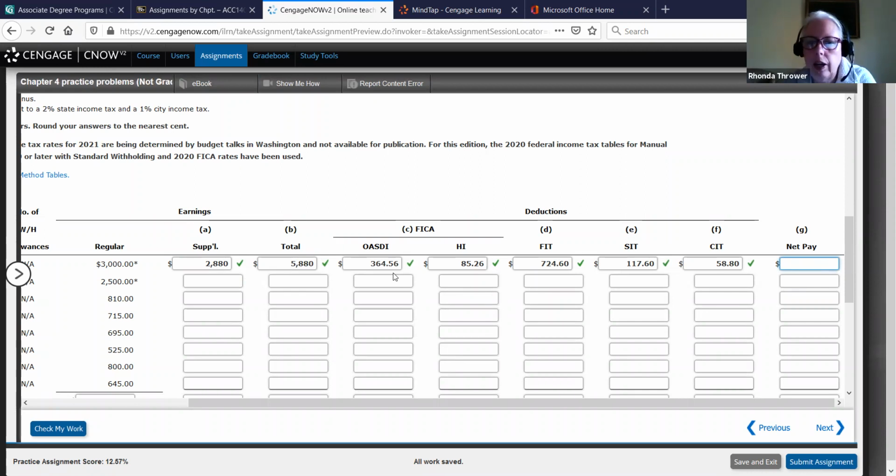We're going to subtract out the HI. We're going to subtract out the federal income tax. The city income tax. And that will leave you with net pay, if I've calculated this right, at 46.78.